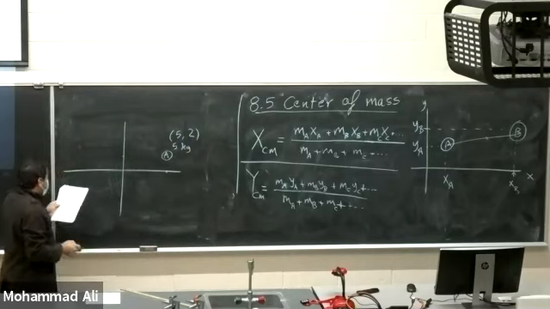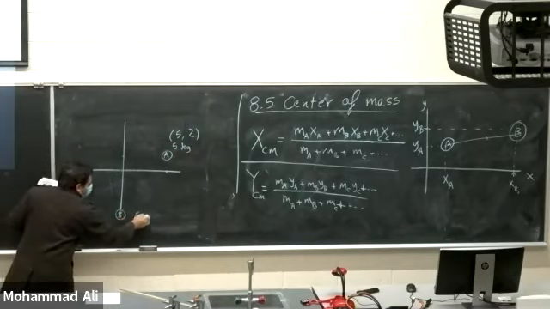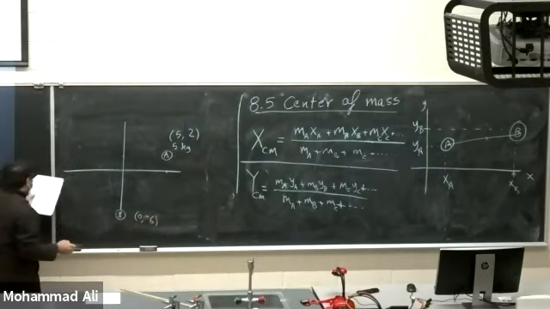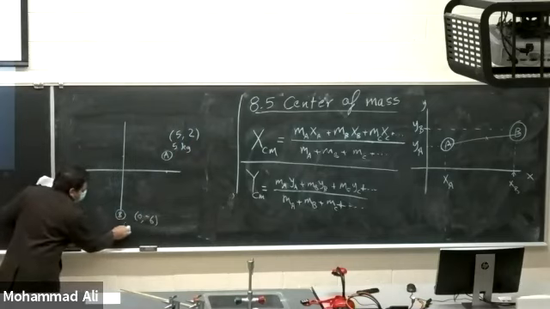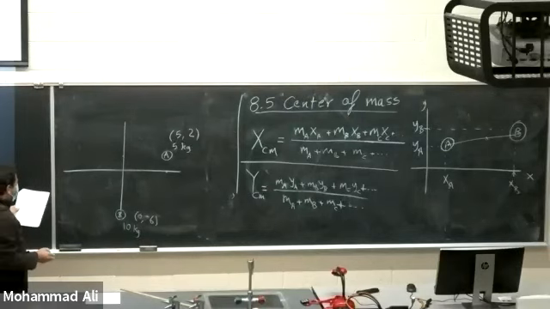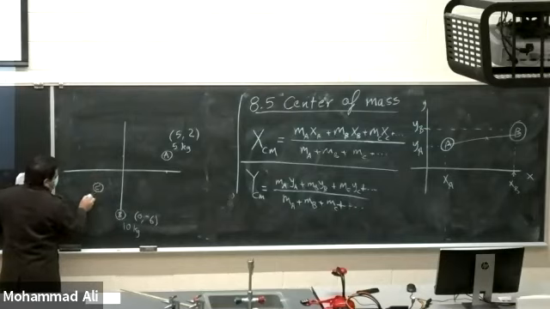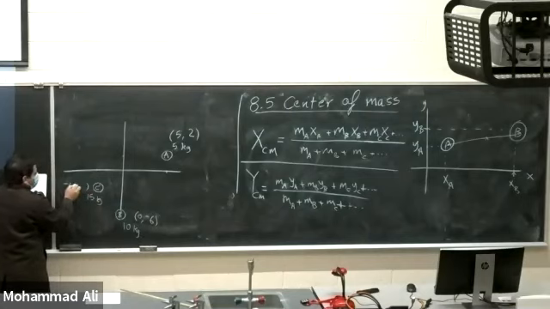We have mass B at (0, -6) with 10 kilograms. We have also point C at (-3, -3), which is 15 kilograms at (-3, -3).